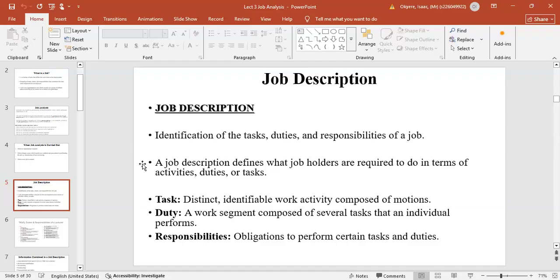What job holders are expected to do, what is required of them, is known as job description. You should know that there are differences between task, duty, and responsibility. And when we go to the job, we perform all these 3. We perform the tasks, the duties, and the responsibilities.